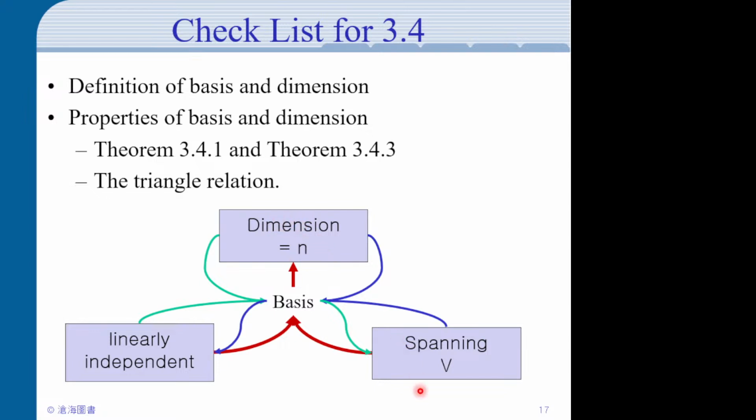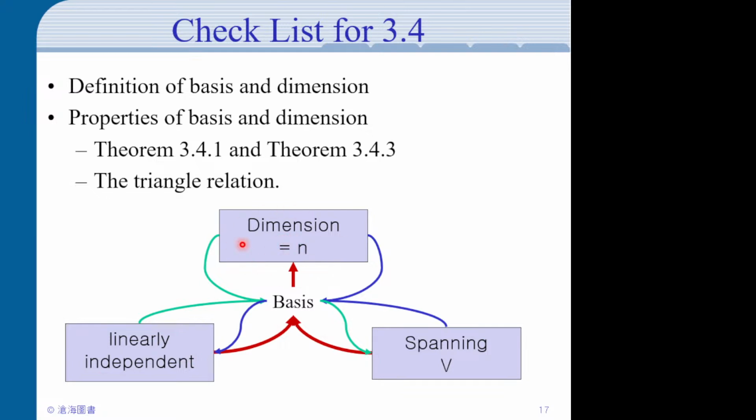And then we have this theorem, 3.4.3, which says that if you fix V, then any set of vectors satisfying those two properties forms a basis. So if your vector space has dimension n, and you find n vectors that span V, then it is a basis, and it will satisfy linear independence.